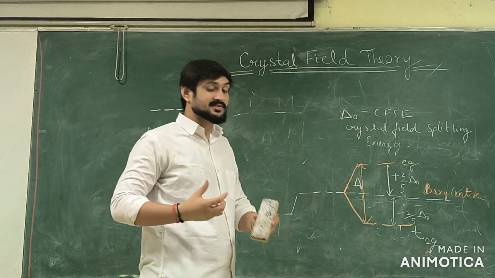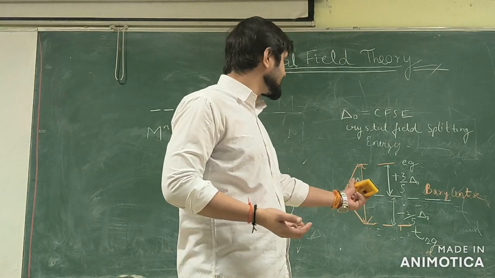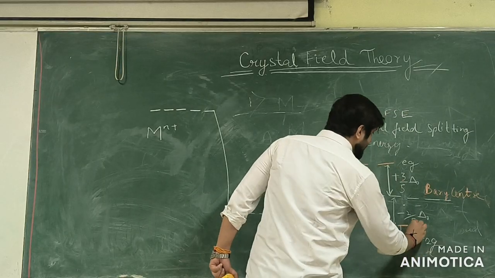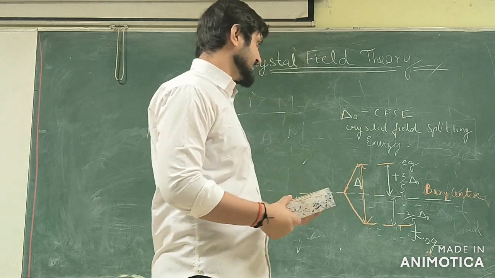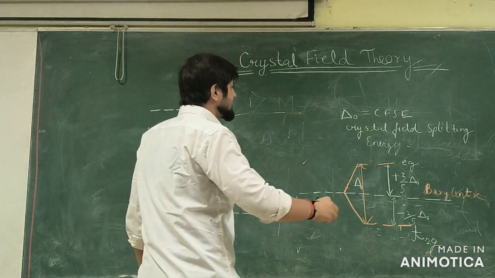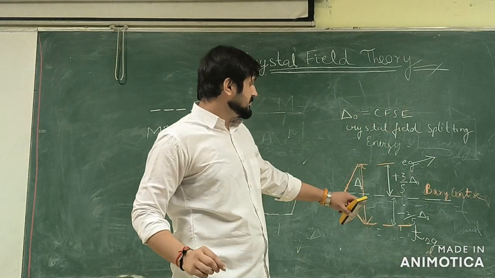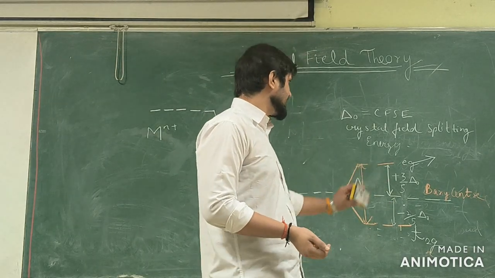So the first question that comes to anyone's mind is, what are this T2g and Eg? This T2 and E come from the molecular orbital energy diagram of the complexes, and this g subscript shows that the geometry is centrosymmetric, that means it is gerade.